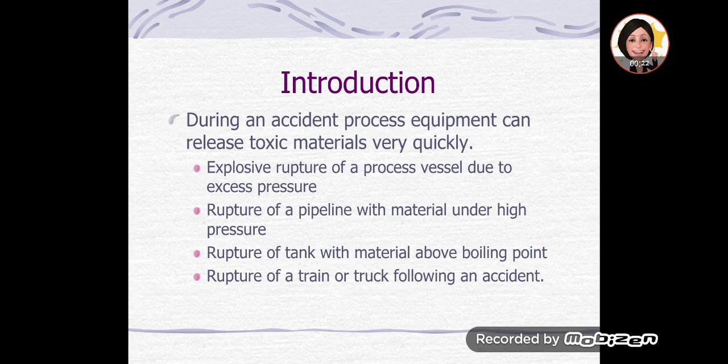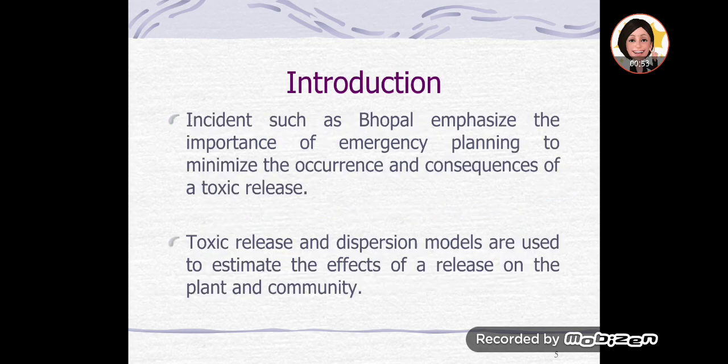So during an accident, process equipment can release toxic materials very quickly. So there can be explosion, ruptures of pipeline, tank or a truck, which can cause release of chemicals, which also causes vapor or gas release of the toxic materials.